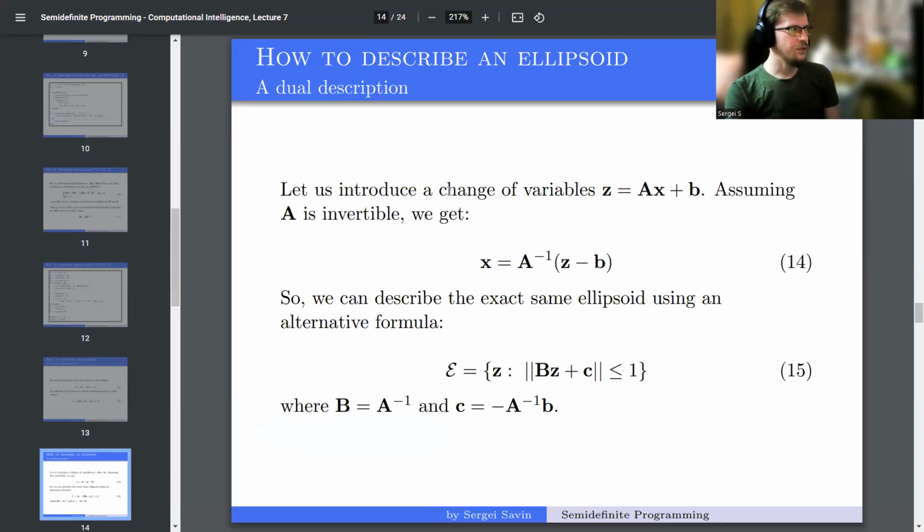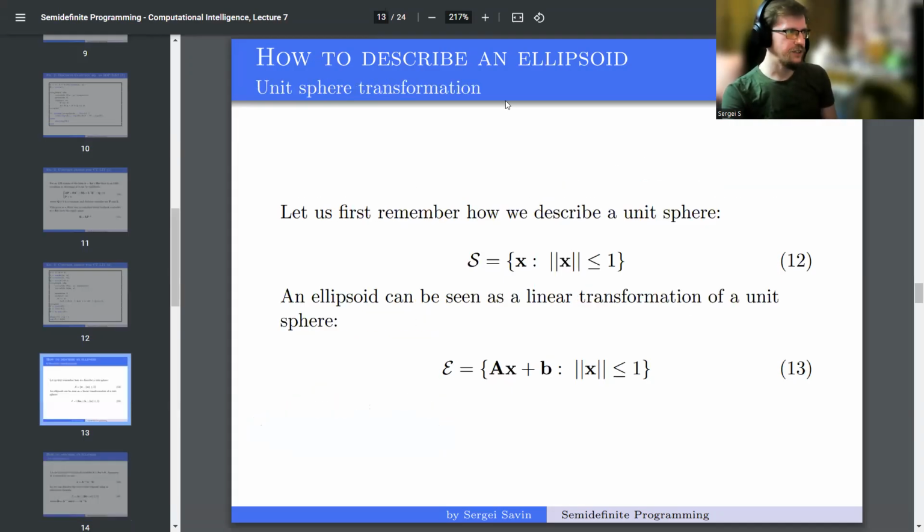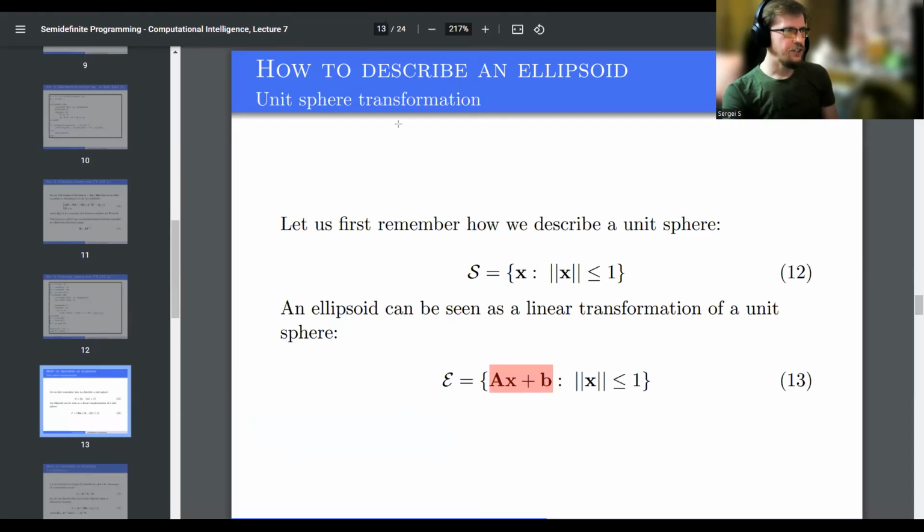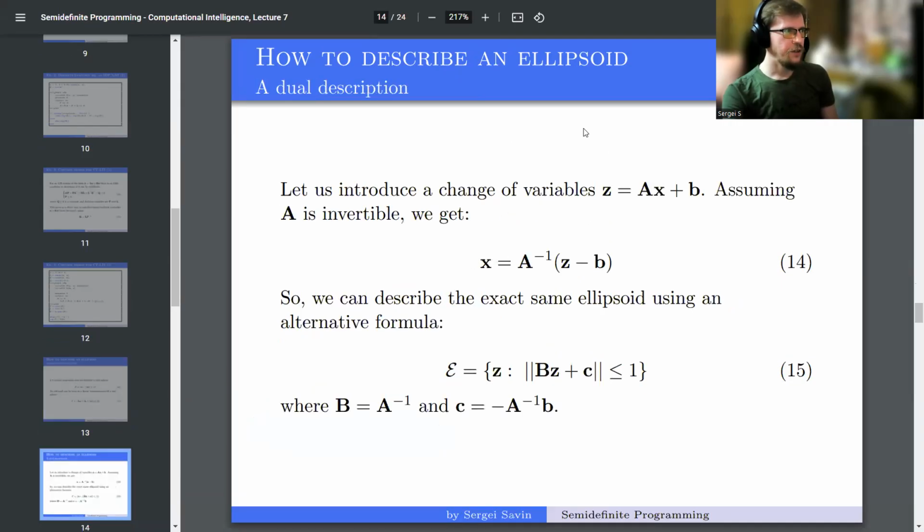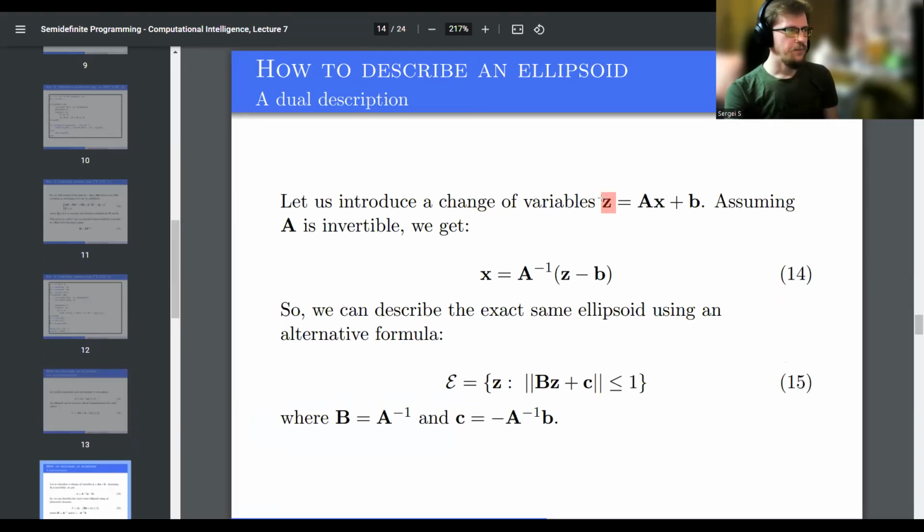Now, in order to represent ellipsoids better, we can change this A times x plus B. Remember, this is what we're working with here. We can decide to call it Z. So we would have variable Z on the left-hand side. But what about X? Well, X becomes Z minus B. Like this, B has to go somewhere.